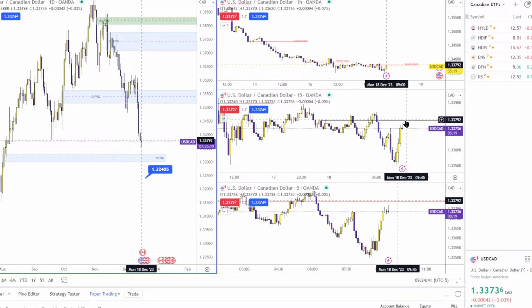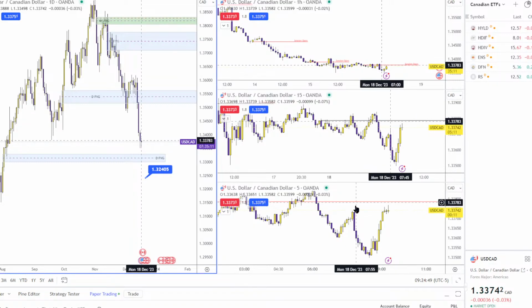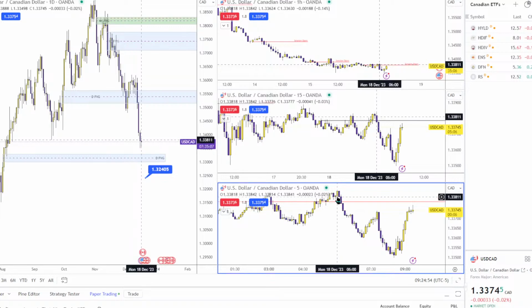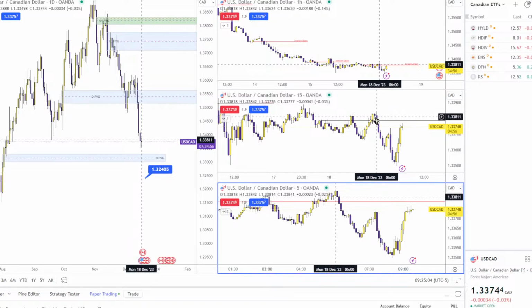You're in right off that open for a run down, and there's the 1 minute breaker right there, 1 to 2 minute breaker, so you could go as high as 133.81. 133.81 would put you right there in the mean threshold of that candle.